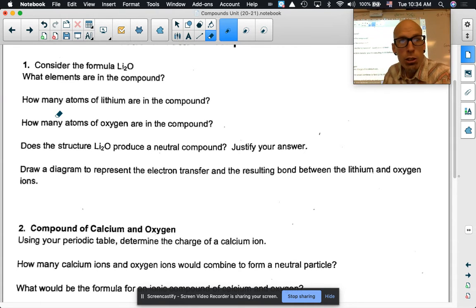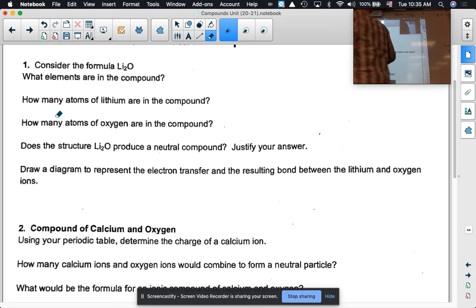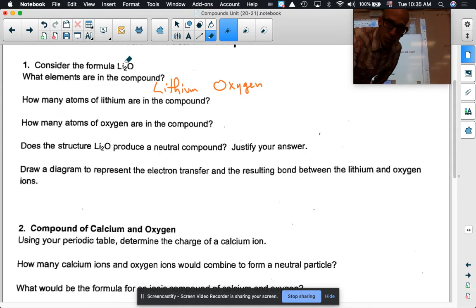Hopefully you're back. So what elements are in the compound Li2O? What elements are those? Hopefully you see that those are lithium and oxygen. Now it says how many atoms of lithium are in the compound? Well, the subscript 2 goes with lithium.